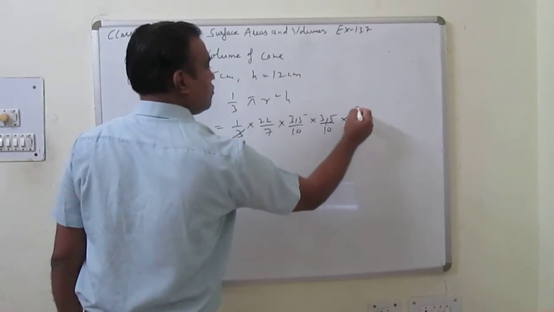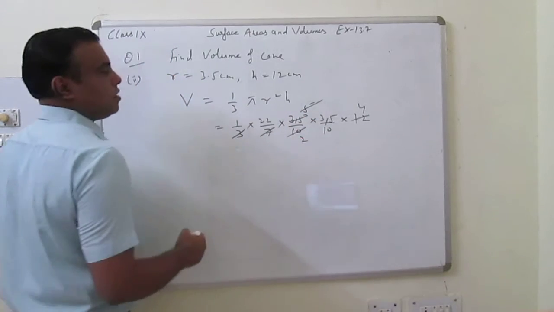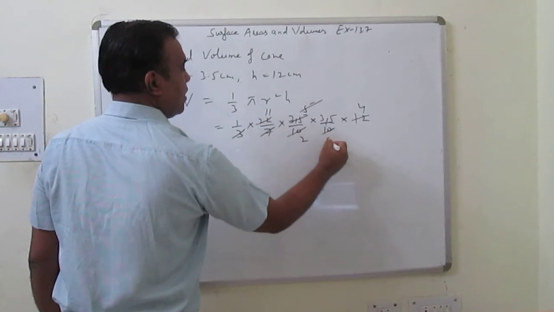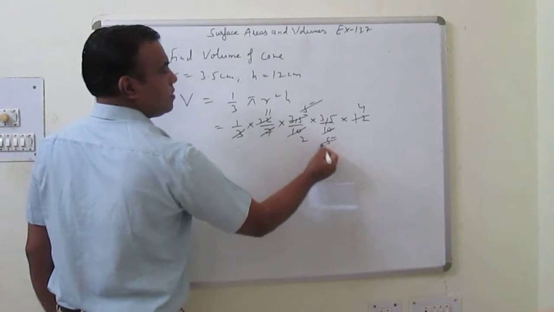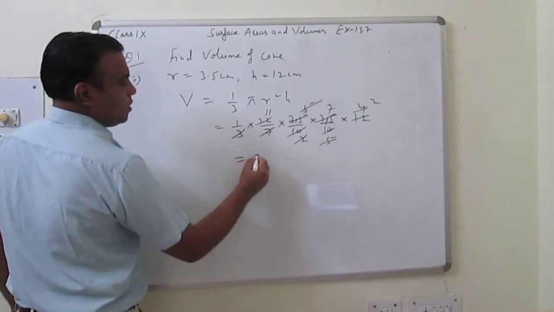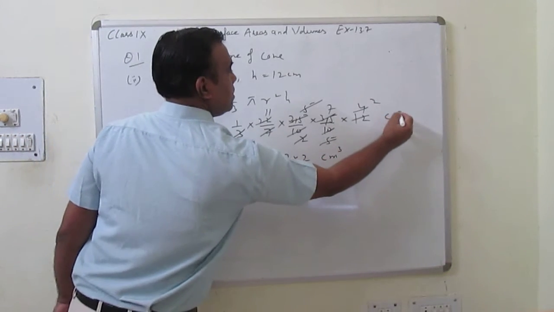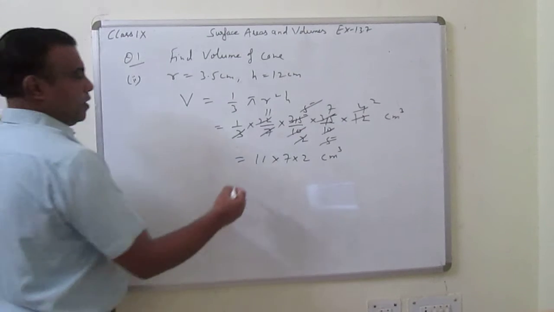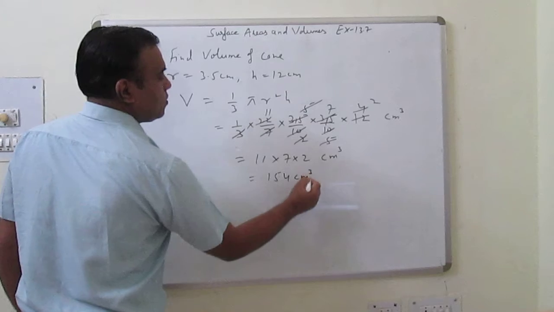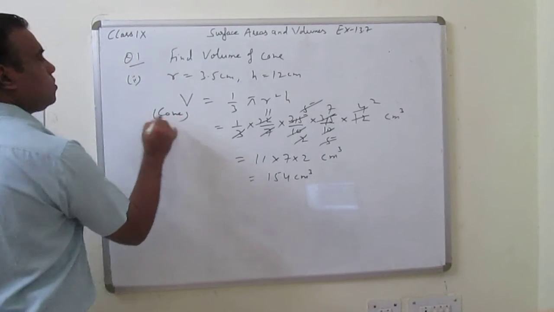You will get 3 4s are 12, 7 5s are 35, 5 2s are 10, 11 and 5. 2 से काटा 5 7s are 35, again 2s are, so it becomes 11 into 7 into 2 centimeter cube. Now 22 into 7, it becomes 154 centimeter cube. This is the volume of cone.